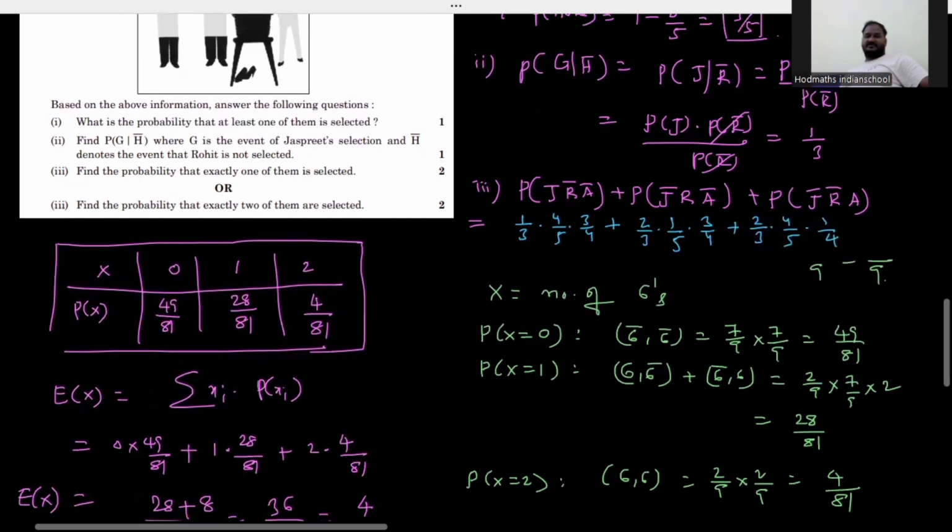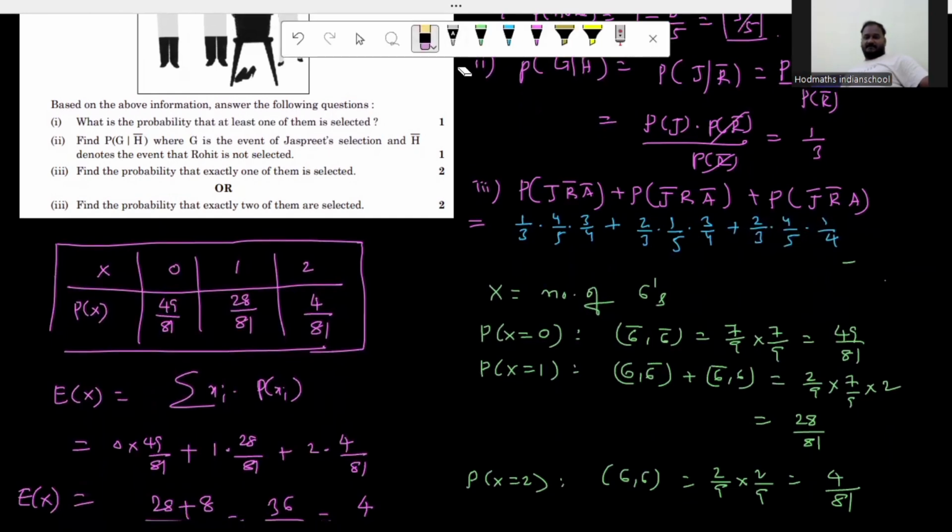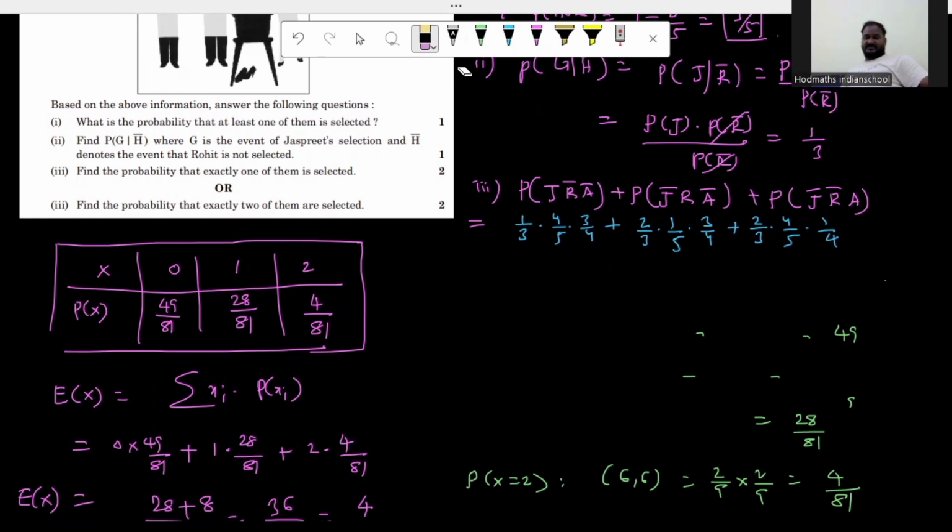Now there is this part. All right. See, when you observe, these are simple to calculate because you do not cancel them, because all the denominators are almost the same, right? If you cancel them, the calculation part will be more.